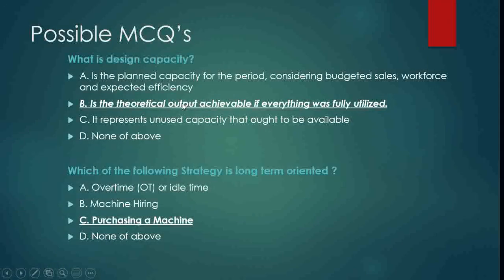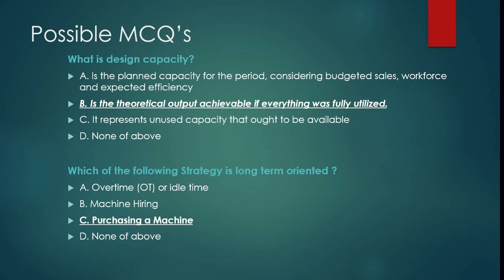So remember, in design capacity we are using what? We are using ideal standards. In effective capacity we are using what? Attainable standards, right? Next one, which of the following strategies is long-term oriented? So here you should be able to classify your strategies into short-term and long-term.